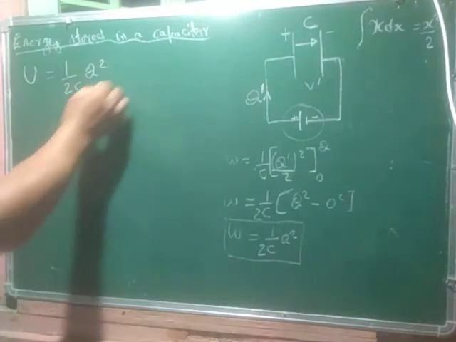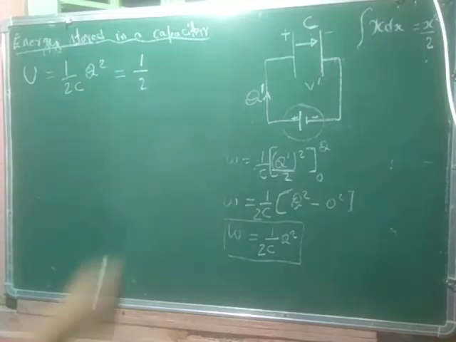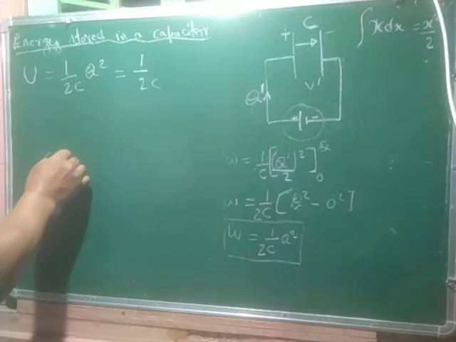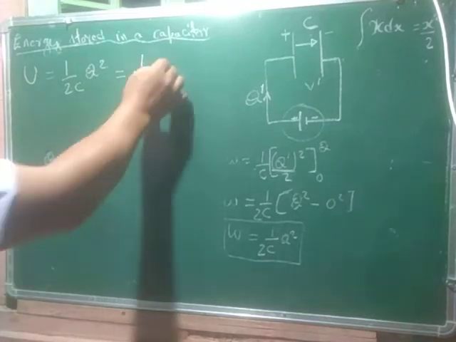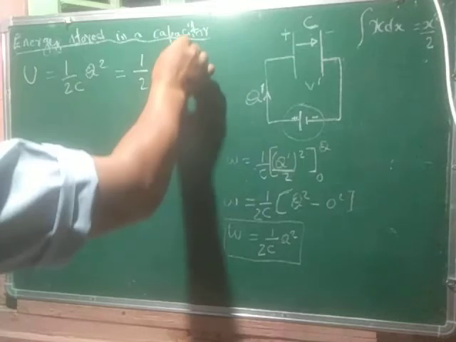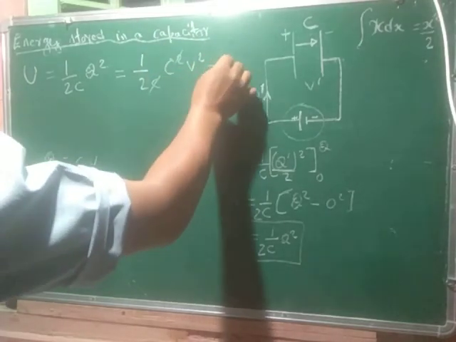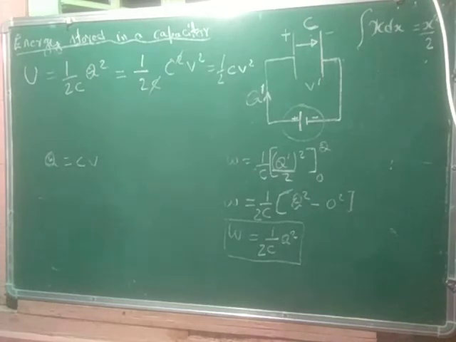Or I can say this is equivalent to 1 upon 2 C, and instead of Q, because you know Q equals CV, I will write CV. So if you write that, you'll get C square V square over here. This cancels with this, and you'll get half CV square.